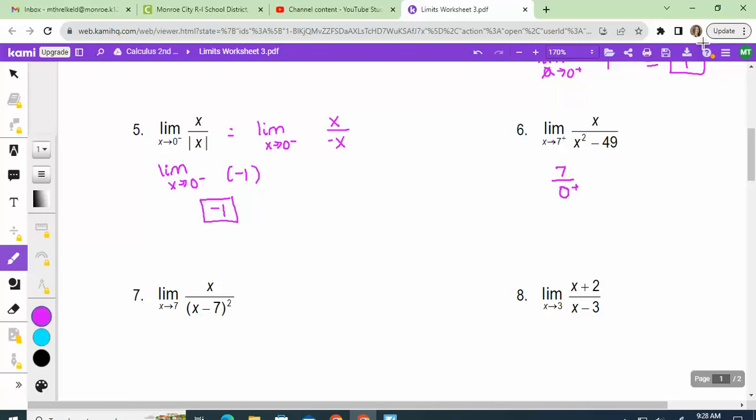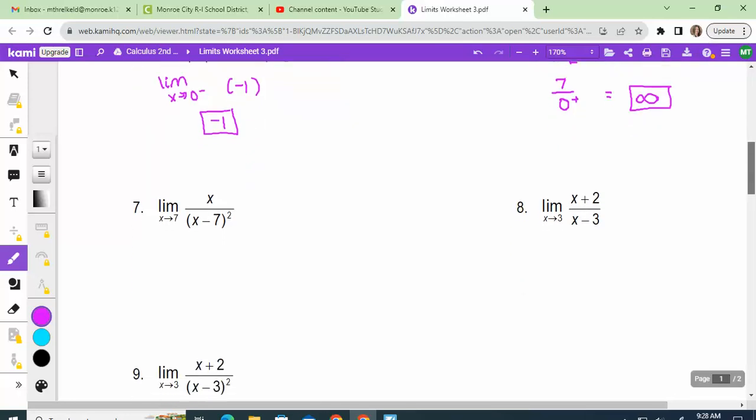Because once you square that x, it's positive. And it's a little bit bigger than 49. So 7 divided by a smaller and smaller positive number. Positive infinity. Is that okay? Other ways you could have factored the bottom and worked it out that way as well.